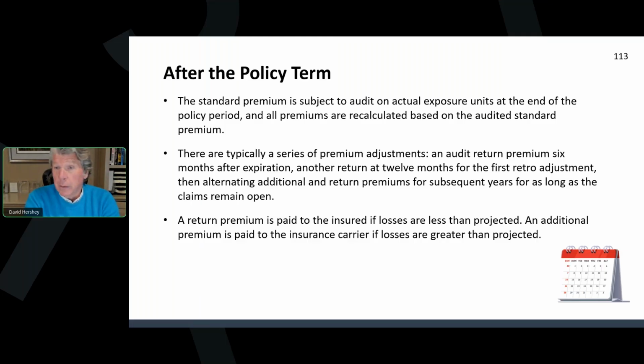All right. Let's see, when they say, and I'm right here, the first retro adjustment, then additional and return premiums for subsequent years for as long as the claims remain open. So these calculations are a little involved. A lot of it's pretty automated.